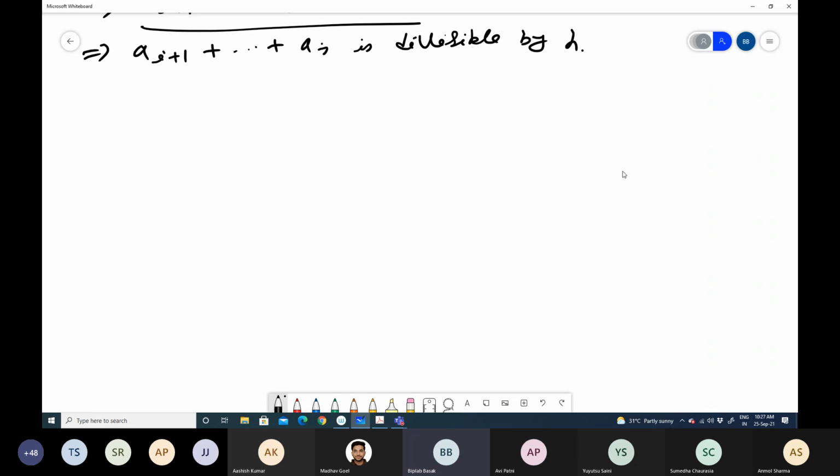It has some general version as well. So I am giving here the statement of this. The Chinese remainder theorem.